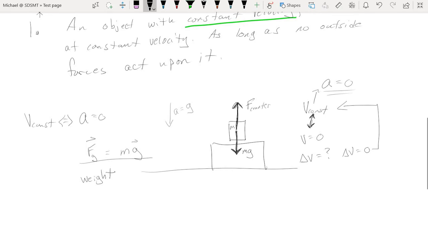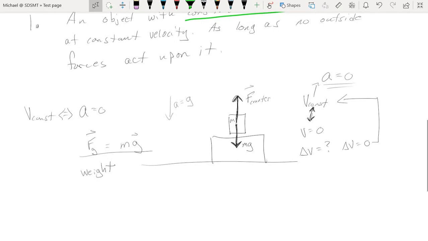So we'll call this force counter. And now if we add the gravity force and the counterforce together, the net result is zero.